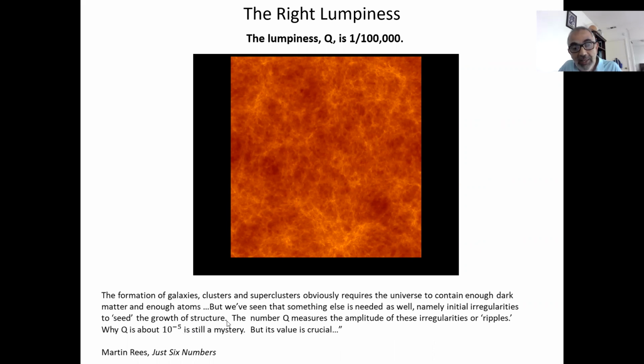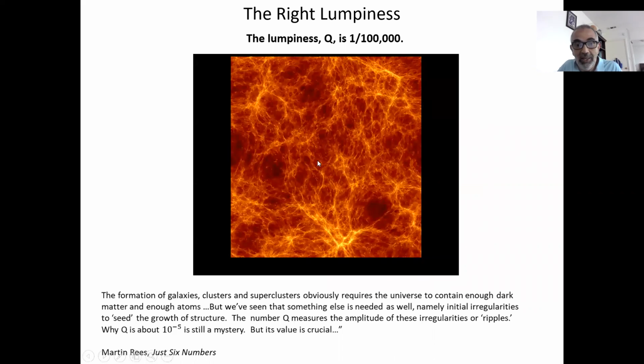If the irregularities were too big, then it would have been like a golf ball, and we've already seen that that would have been disastrous. If the irregularities were too small and the Big Bang was perfectly smooth like a ping pong ball, that would likewise be disastrous, and no stars or galaxies could have formed. And so we need the right lumpiness.